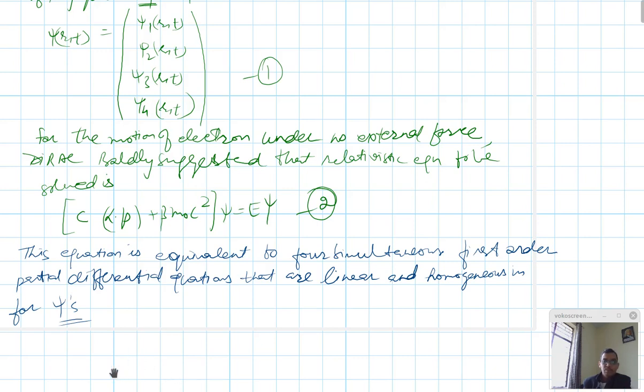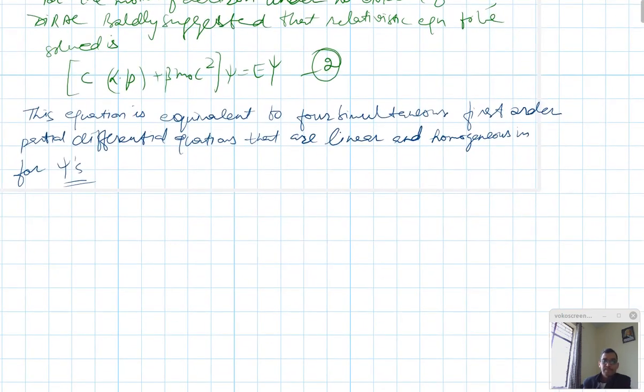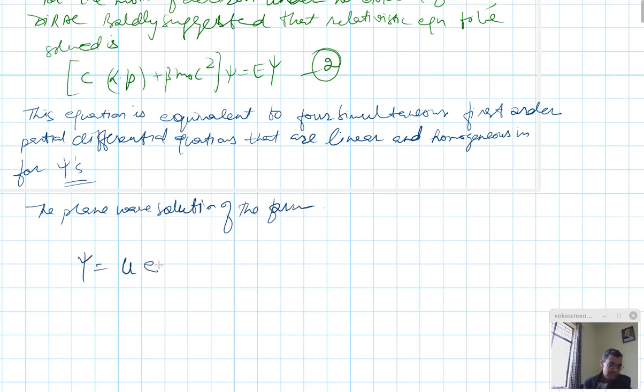So the plane wave solution is of the form psi is equal to u e raised to power iota (p dot r minus E t) over h cross, right?